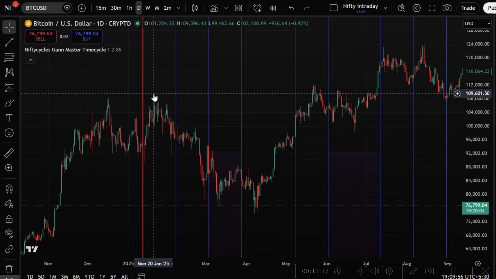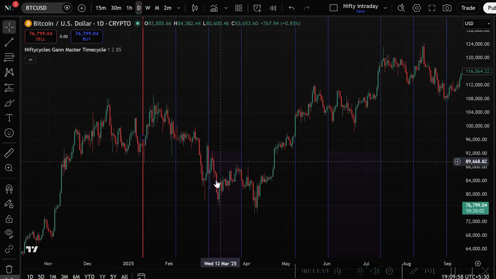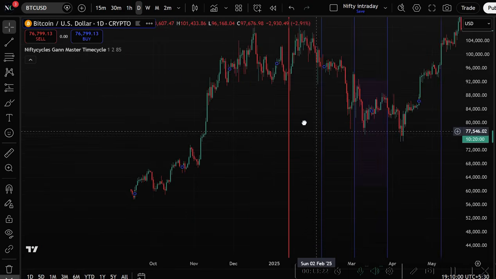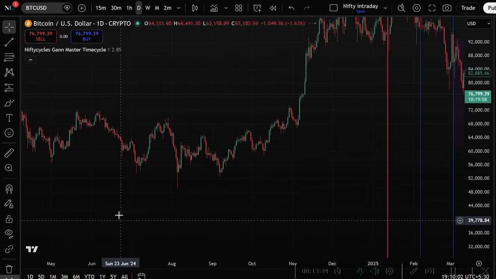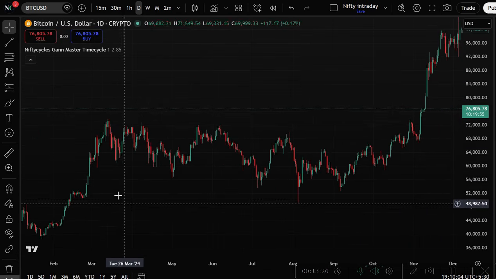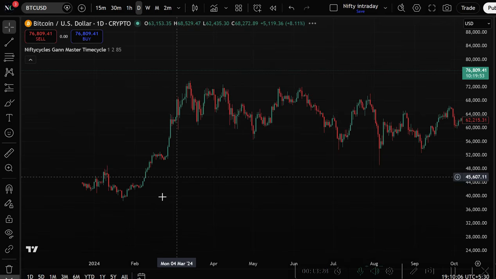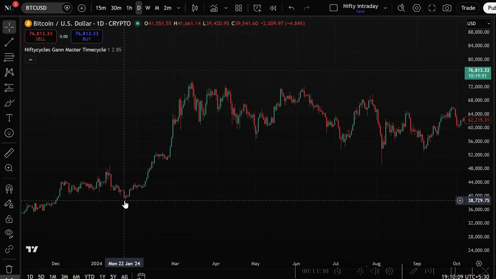Let's check from this high. No, we already checked 20th of January. It doesn't work. Let's go back. Let's say we have a good low here, 23rd of Jan 2024.